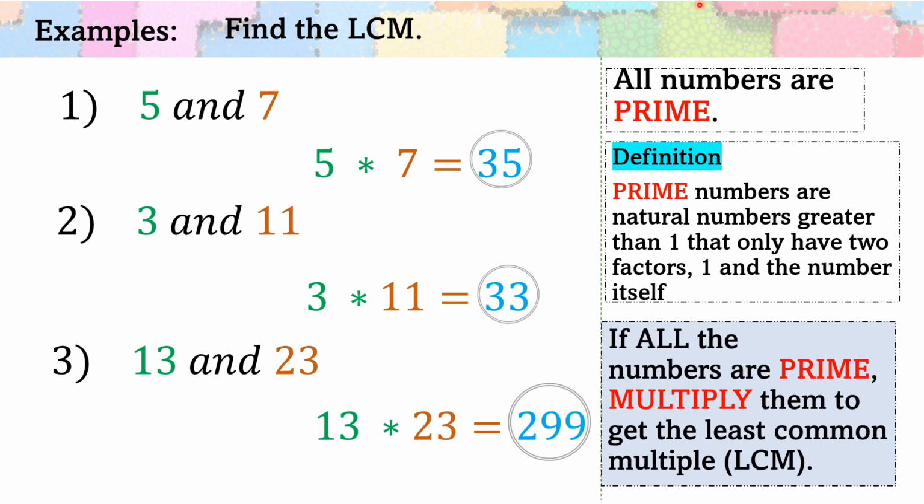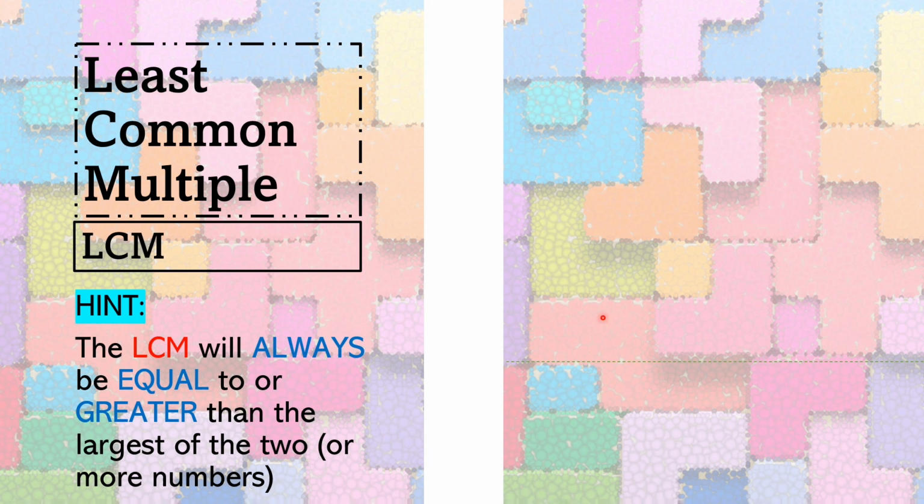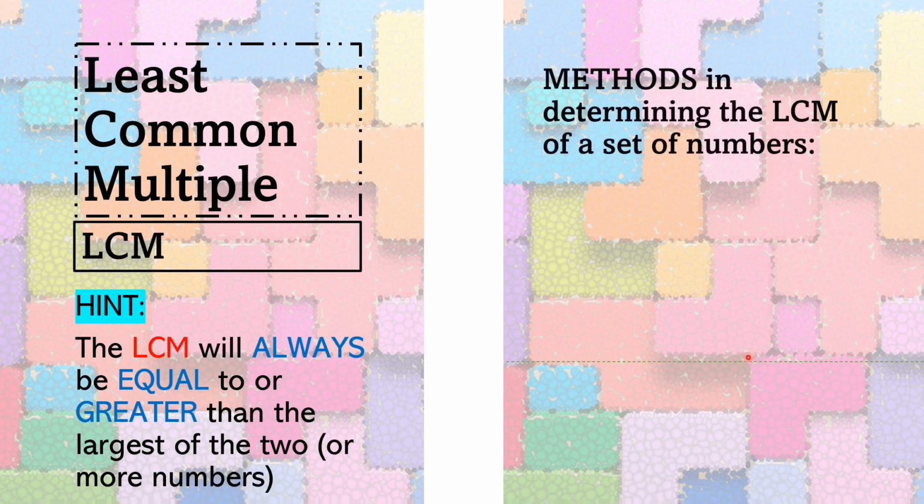Now, what if the given numbers are not all prime numbers? There are three methods in determining the LCM of a set of those kinds of numbers.